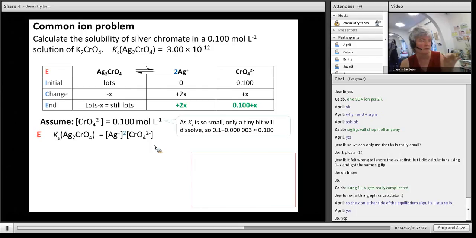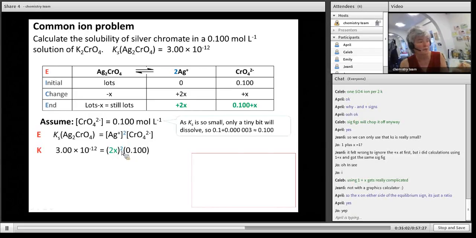What you have to do is the same thing over here. Is a 2x, you have to square it. So that 2x, you square it. So the 2 is already showing the double, and now you square it. That is my solubility product from there.